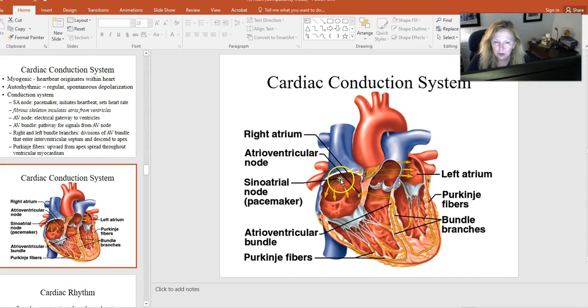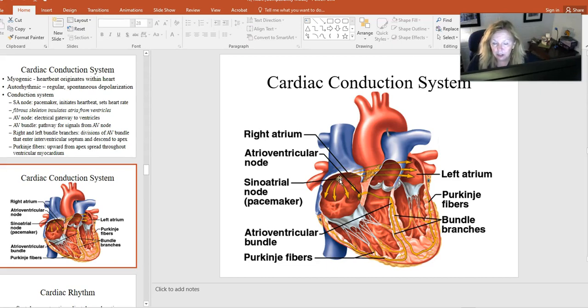Remember, the heart is not flat. It's not a flat picture. It's three-dimensional. So we understand that this right atrium and this left atrium are actually sharing a wall here. There's a node of cells called the sinoatrial node, the SA node, that acts as a pacemaker that is firing a signal.